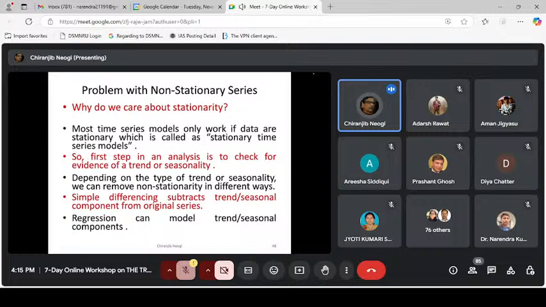There is some problem with non-stationary data. We have to remove the non-stationarity in different ways, either the detrending method or the differencing method.